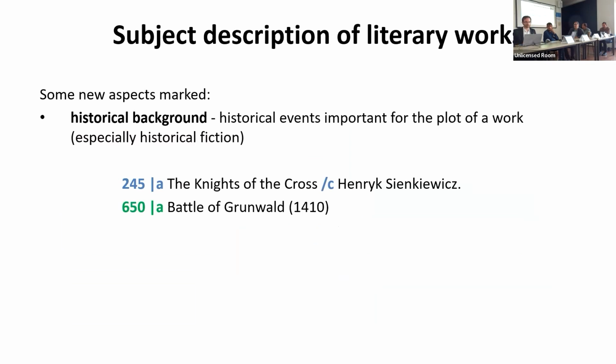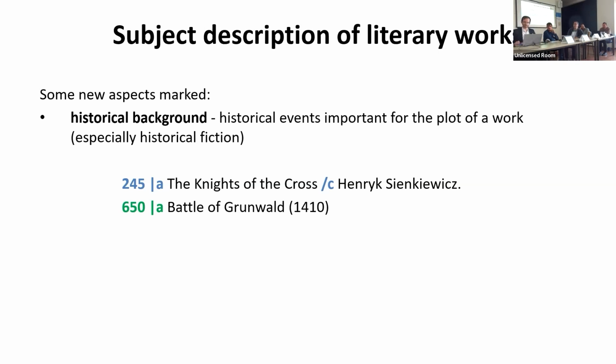The big change we made at the same time as the introduction of the National Library of Poland descriptors was also the beginning of making a subject description of literary works.